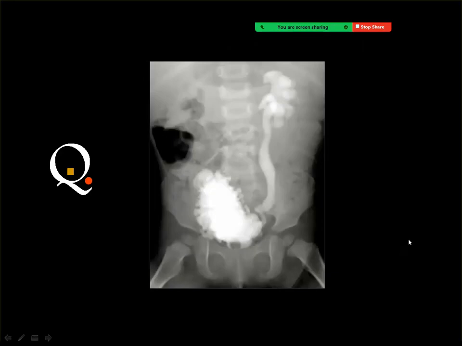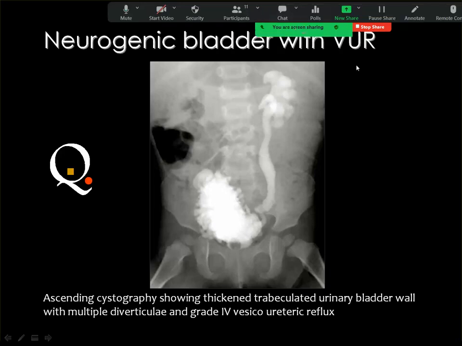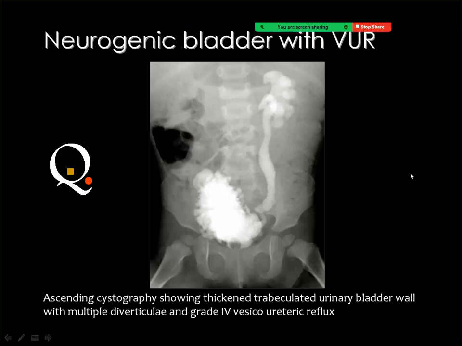Here is an ascending cystourethrography of a child, as you can see, showing the disappearance of the urinary bladder as well as the kidney. Okay, the answer has been shown. This is a neurogenic bladder.